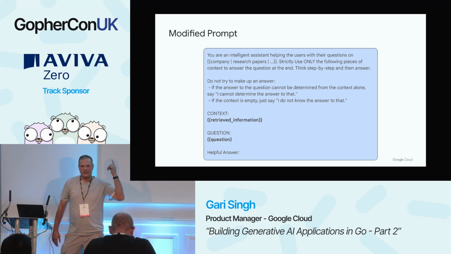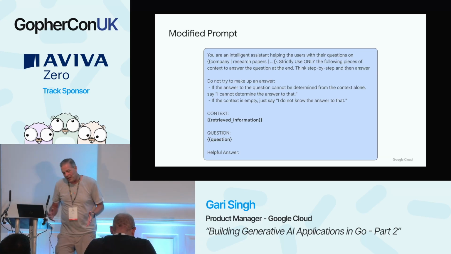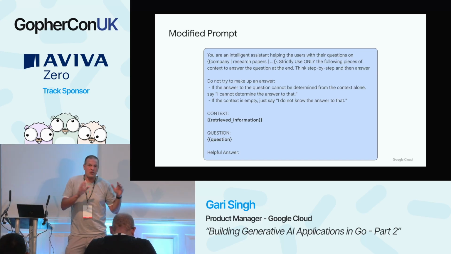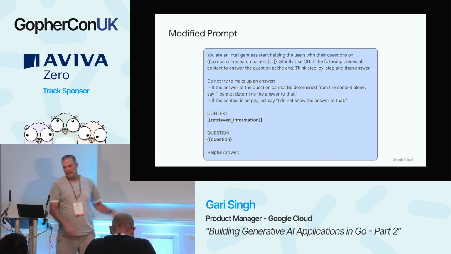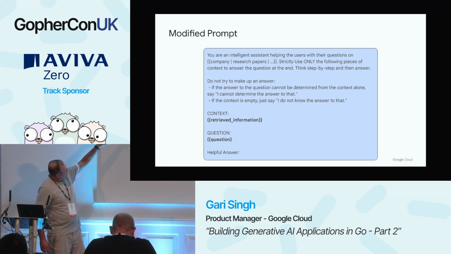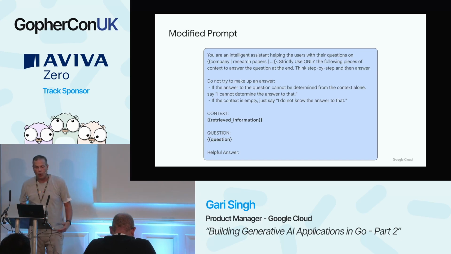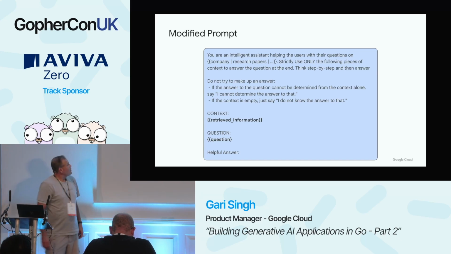And in this case, it says if there's no context, don't answer the question. So in theory, this shouldn't make up an answer, or it should only be using the inputs that you give it as that data. This is where you pass in your retrieved information, and that's where you ask your actual question, right? That's why the prompt formats and the prompt model become important.